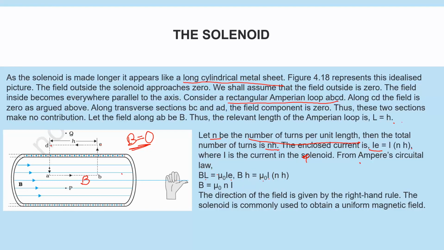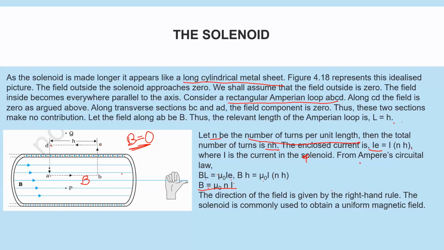So when you cancel out h, you can see that the magnetic field with respect to the loop that we are considering depends on the permeability of free space, the number of turns, and also the current that is flowing through the solenoid. The direction of the field can be given by the right hand rule.